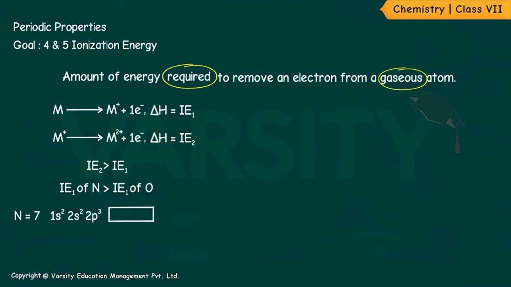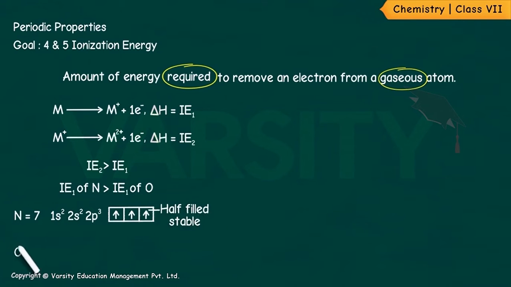Here, we can notice that the s is completed, but the p orbital is half filled, and we know that compared to the others, the half filled is more stable.